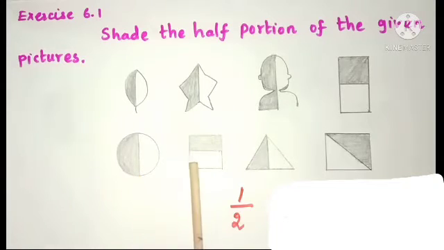Here the circle, square, triangle, rectangle, leaf, star and the shape of a human being are divided into 2 equal parts, and I have shaded the half portion of these pictures.